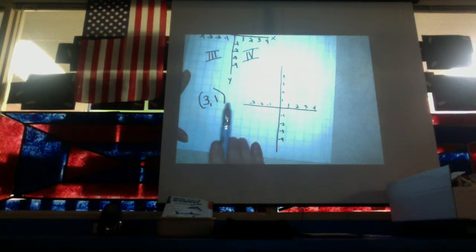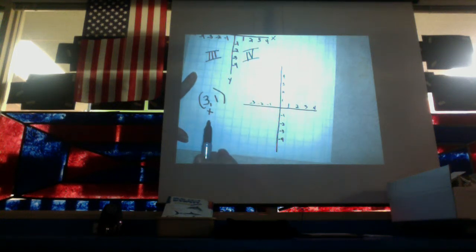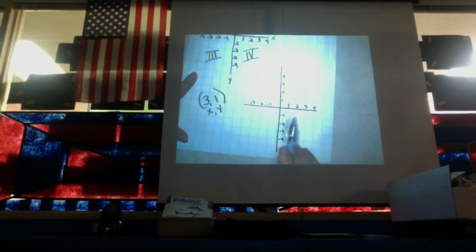In our coordinates, they're always written in the same order. The number that represents the x-axis goes first, and the number that represents the y-axis goes next. I sometimes have to stop and think which order it is. I always remind myself that alphabetically, x comes before y.